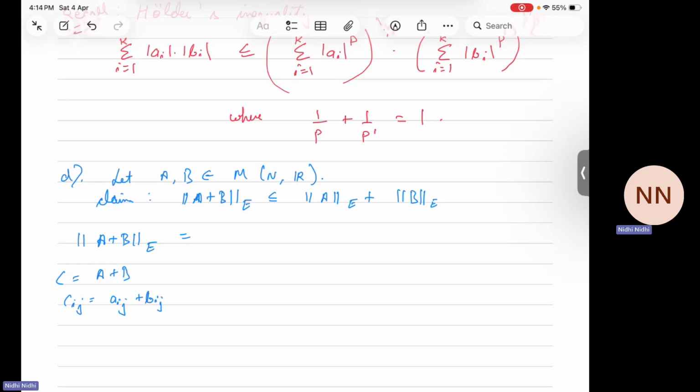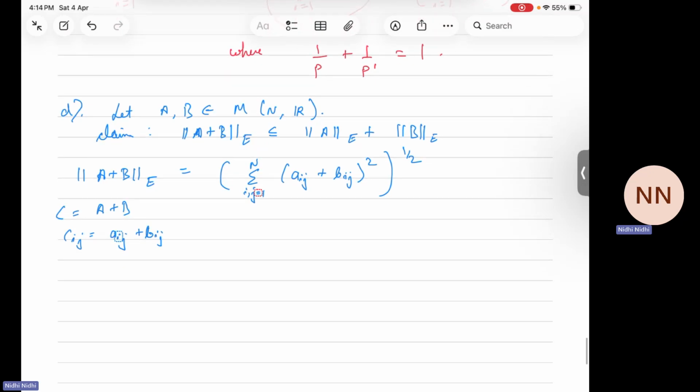That means this norm of A plus B is the summation i, j from 1 to n of (a_ij plus b_ij) squared, to the power 1 by 2. That's just coordinate wise addition.